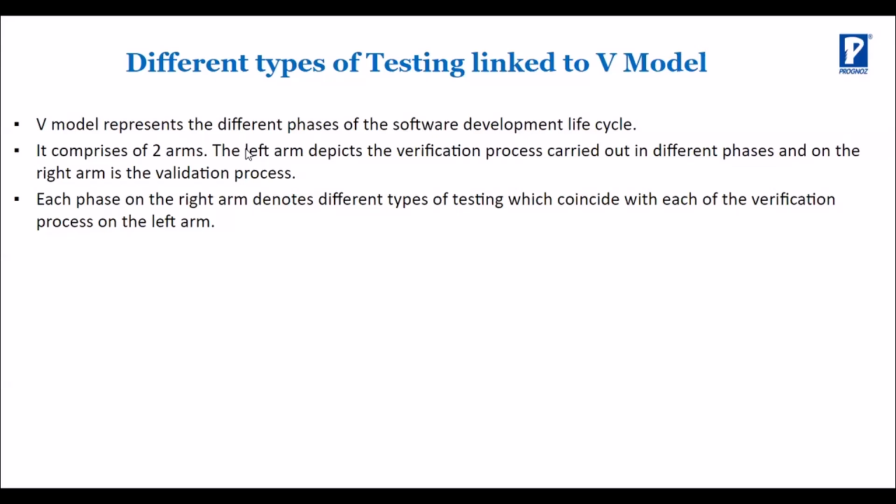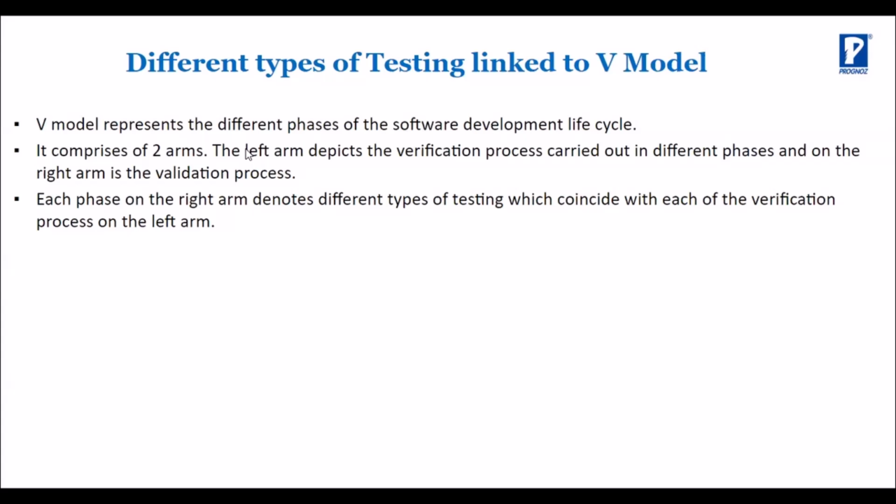The left arm denotes the verification process, whereas the right arm is the STLC, meaning validation phases, because you actually execute the code and see the result. Each phase on the right arm denotes a different type of testing, which coincides with each of the verification processes on the left arm. We have discussed this part as well.